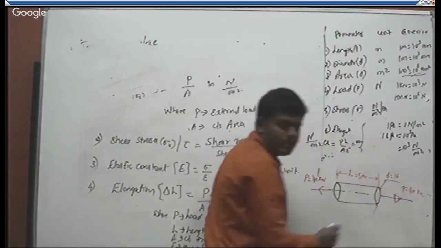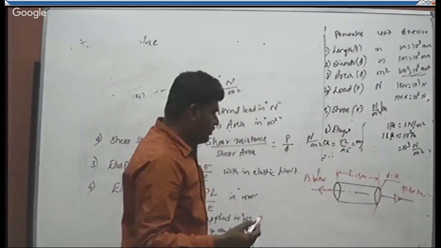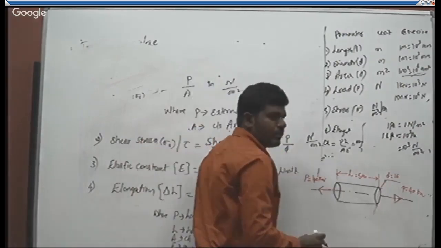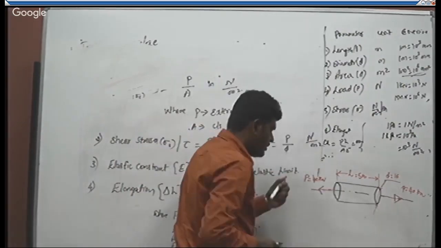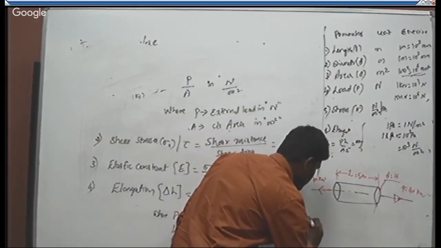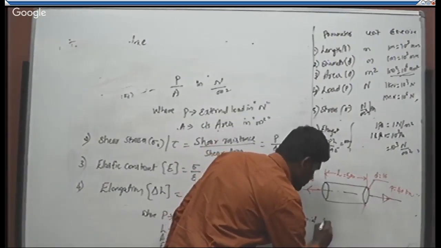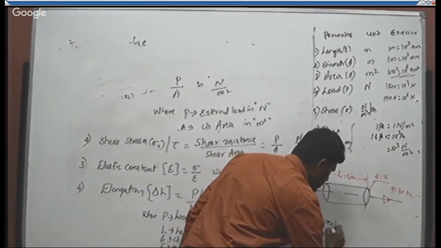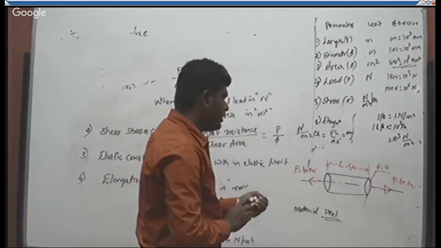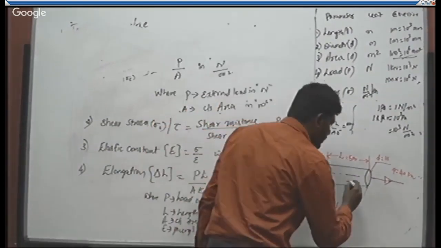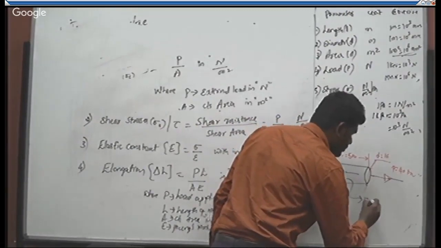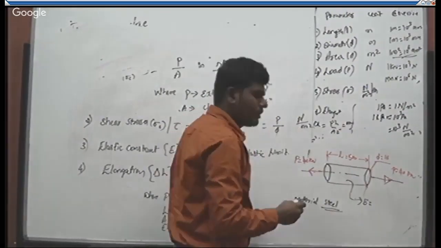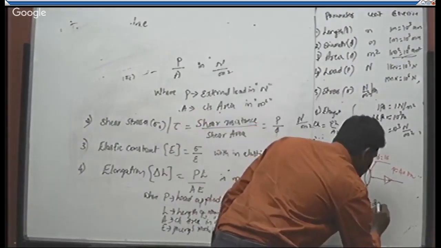And then the type of material the rod is made of. We have mentioned that the material used is steel. Okay, this is also important. And then it has an elastic constant E equal to 200 kilonewton per millimeter square.